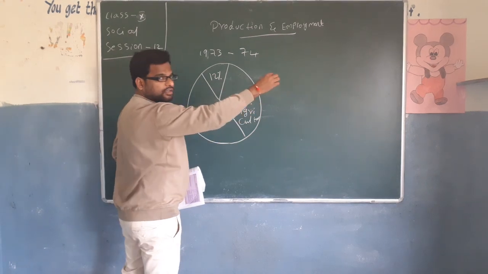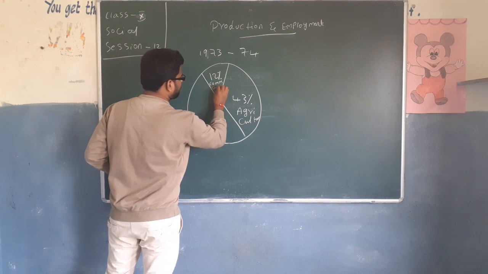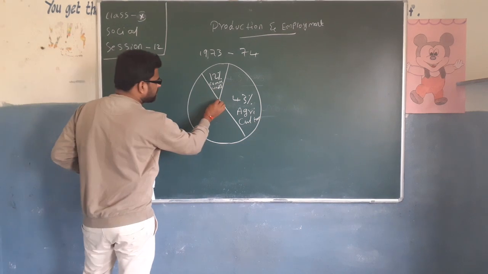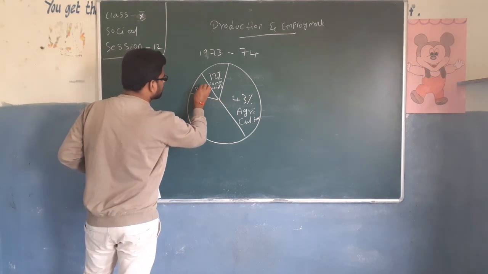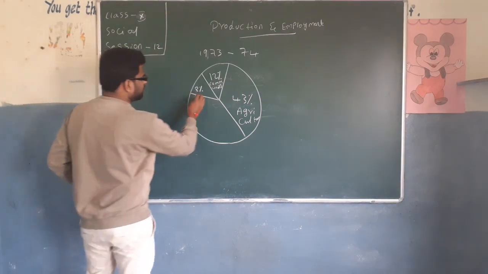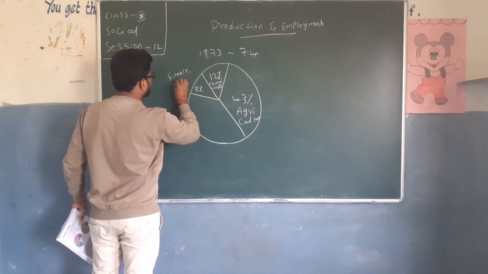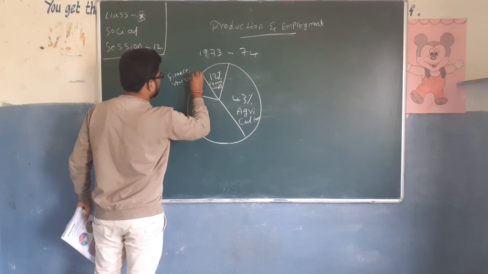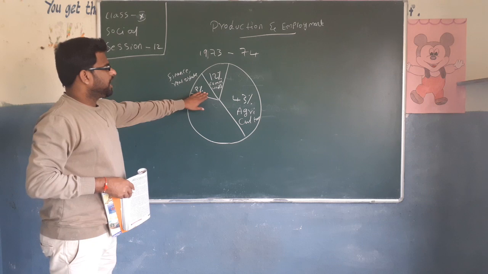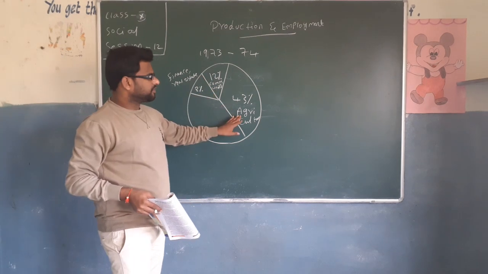I will write here: community. And 8% is for finance, insurance and real estate. It means 8% of income has come from finance and real estate, 12% from community and social services, and 43% from agriculture.